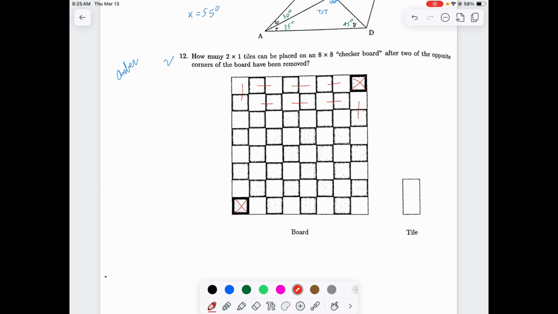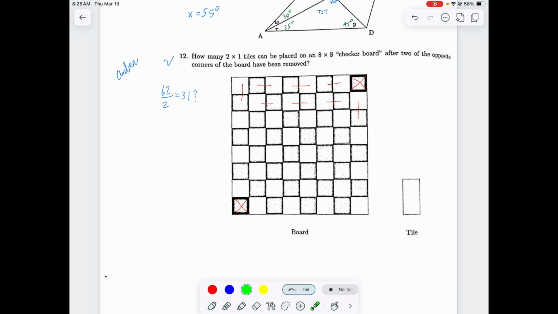Okay, that's not necessarily a problem. Now it looks like, since they're 2x1 tiles, couldn't I just take 62 and divide by 2 and get the number that they would fit, 31? Is that correct? Well, let's keep working at it and find out.